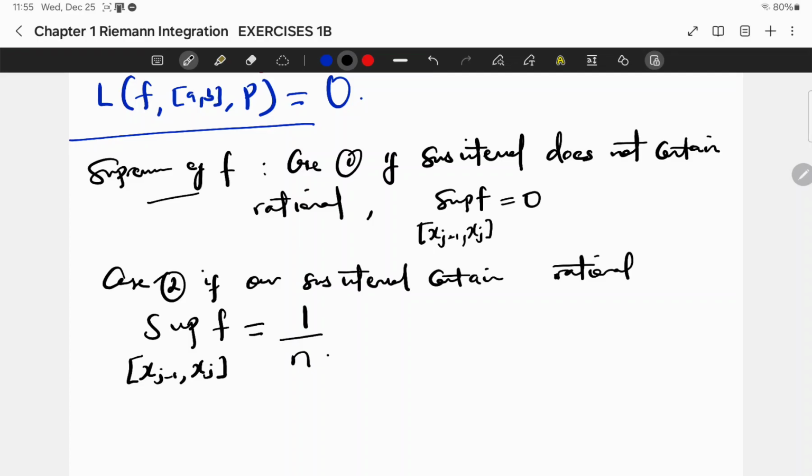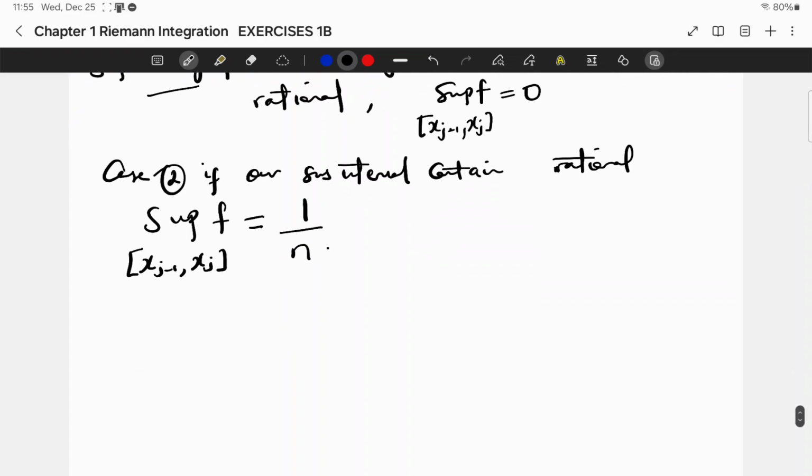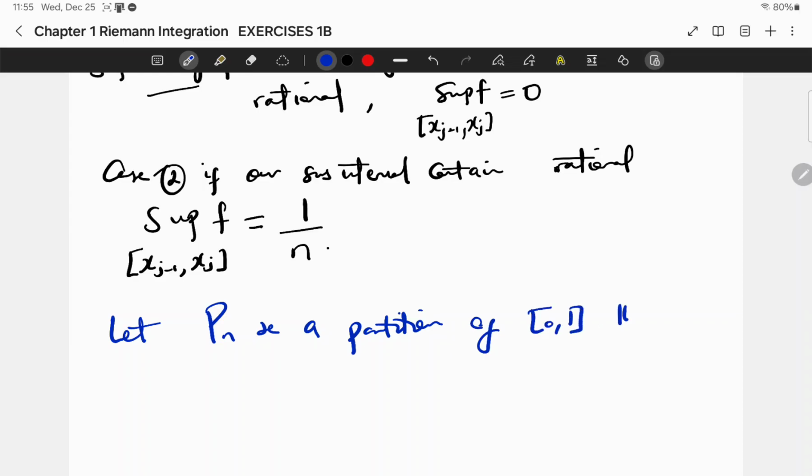Okay, so let's define the partition. So let P_n be a partition of a comma b that includes rationals.